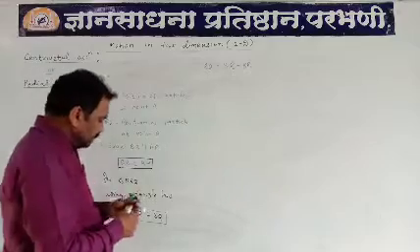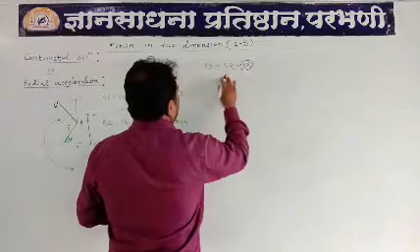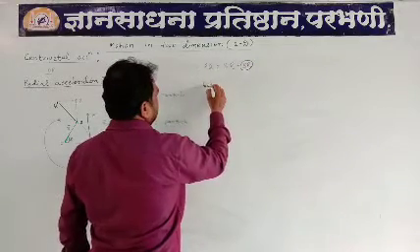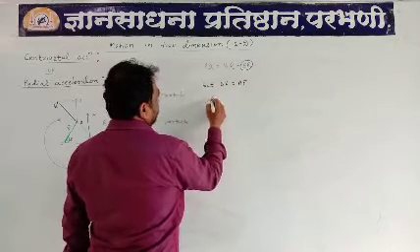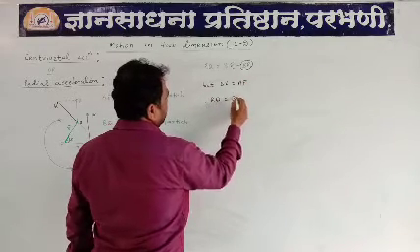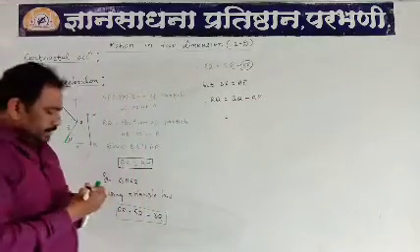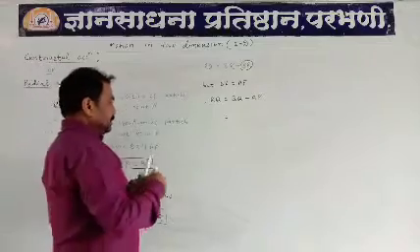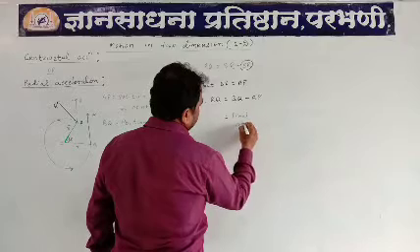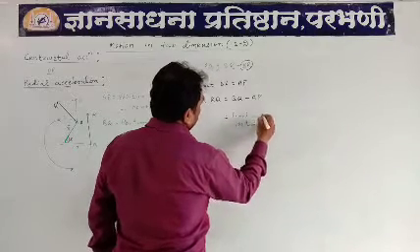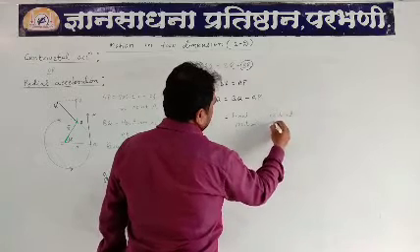So RQ is equal to BQ minus AP. BQ is the final position and AP, or BR, is the initial position.